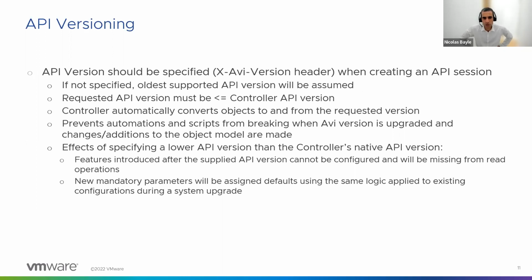That allows you to see or change the API object structure according to the version that you are sending, and this could be very useful for different use cases, as I have explained.